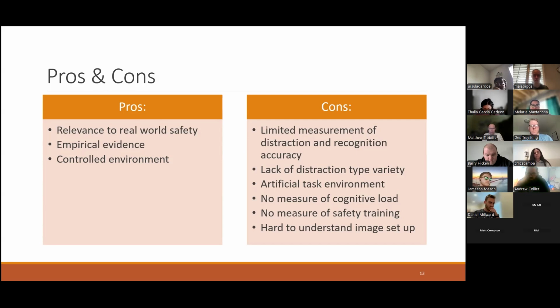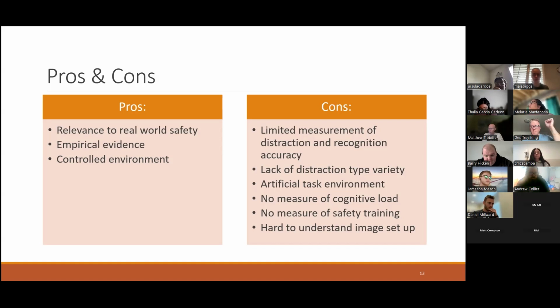And then there wasn't really a measure of cognitive load or physiological factors that could determine how distracted they were, so kind of playing into one of the earlier ones. And then I thought this was a pretty big measurement, but there was no measure of each participant's safety training.